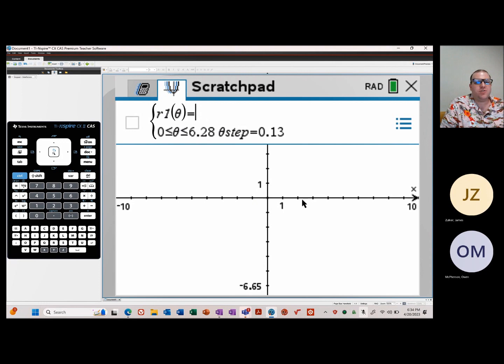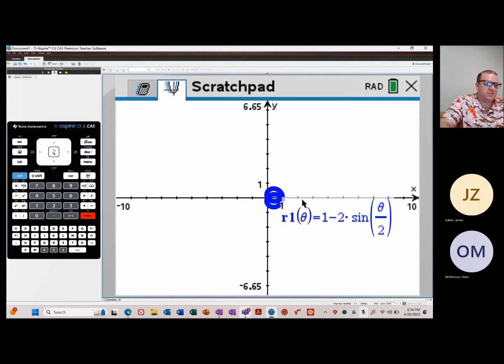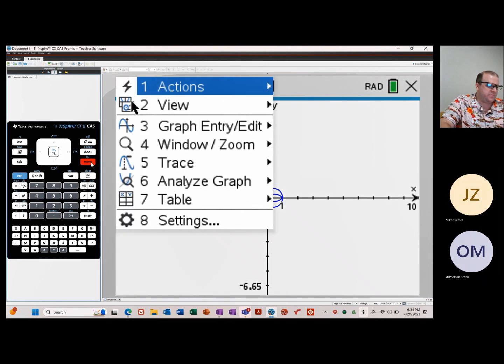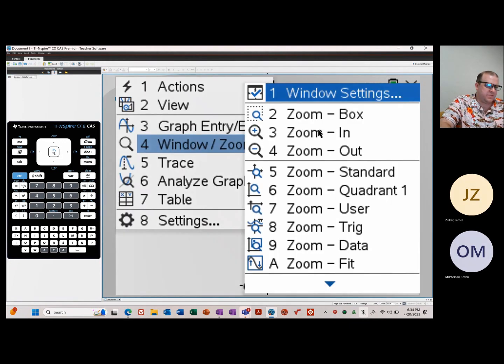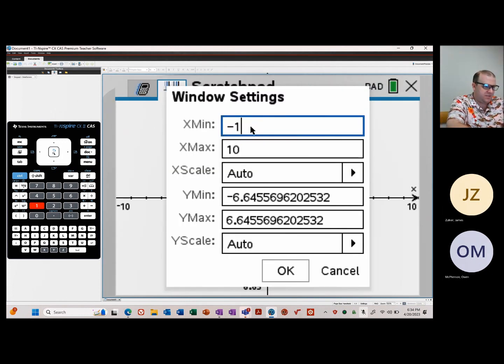All right, so you just have to write your f of theta. 1 minus 2 sine theta over 2. Get rid of this label.